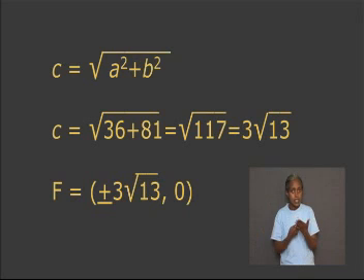This can be reduced to 3 times the root of 13. Therefore, the foci are at plus or minus 3 times the root of 13, 0.